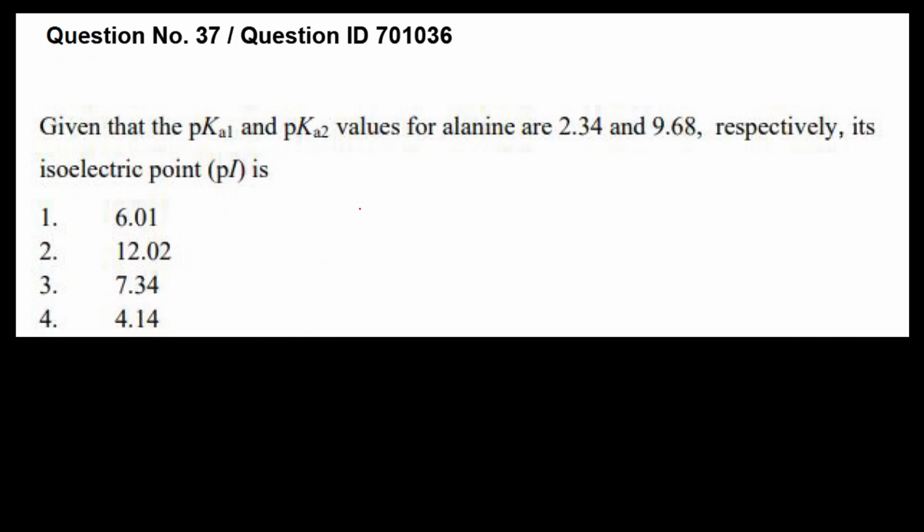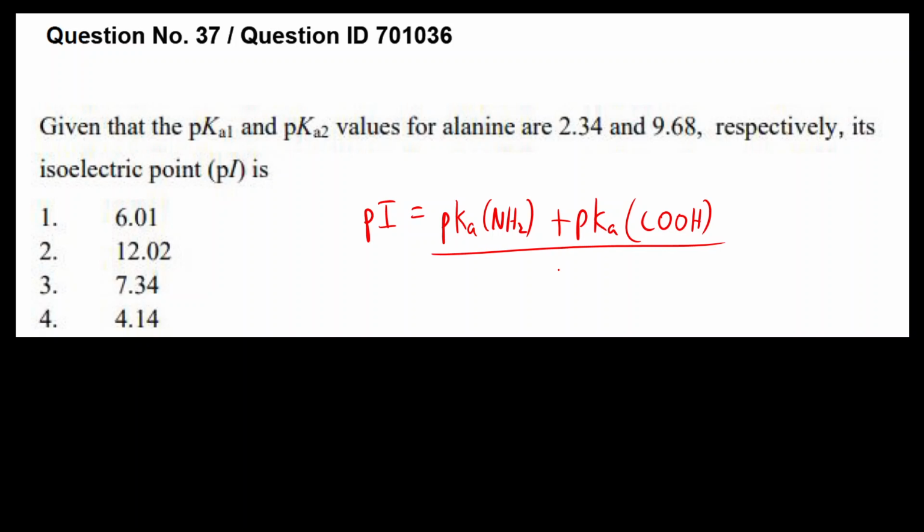37. Isoelectric point. How do you find the isoelectric point? For a neutral amino acid, alanine, it will be pK of the NH2 group plus pK of COOH divided by 2. This will be 2.34 plus 9.68 divided by 2. It will be 6.01.